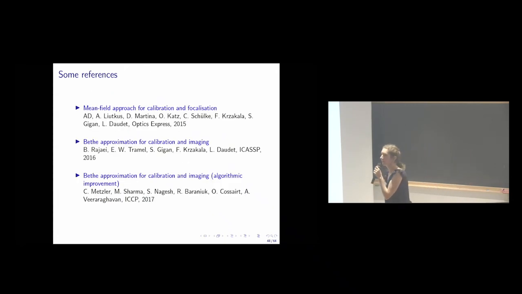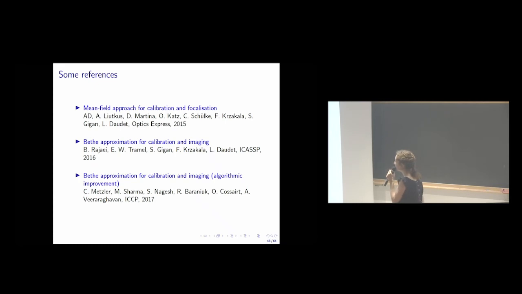So I give you some references if you want to have more insights about this kind of use of variational approximation for optics with complex media. This is a paper I wrote, and just after, Bushra Rajai works on a better approximation for calibration and imaging.